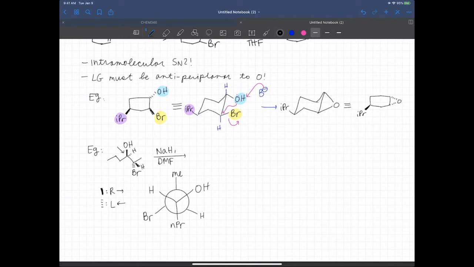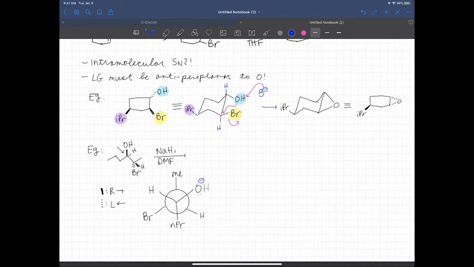Okay, so when I deprotonate this hydrogen here, I'm going to write it in Greek so that you guys know it's deprotonated at the end. Okay, is my resulting oxygen anti-periplanar to the leaving group? It is, right?